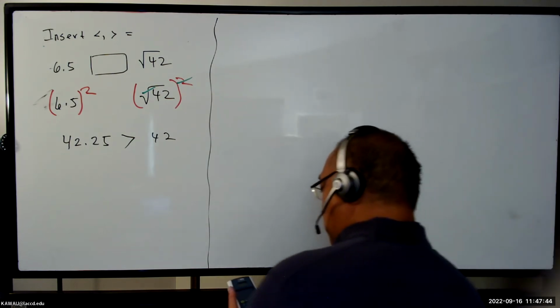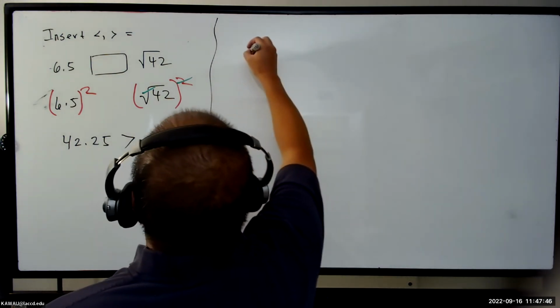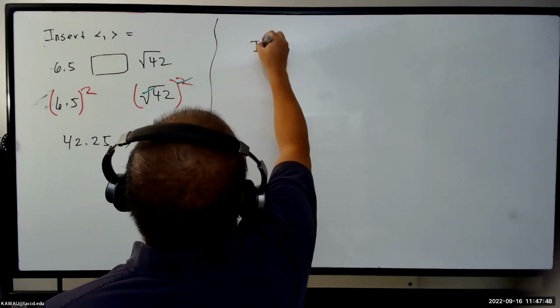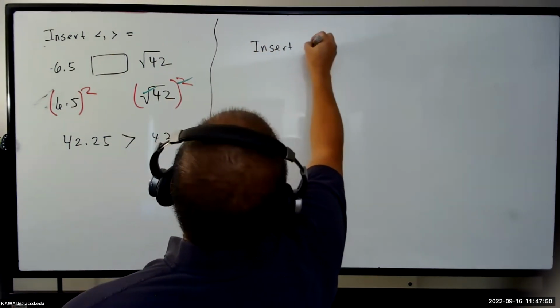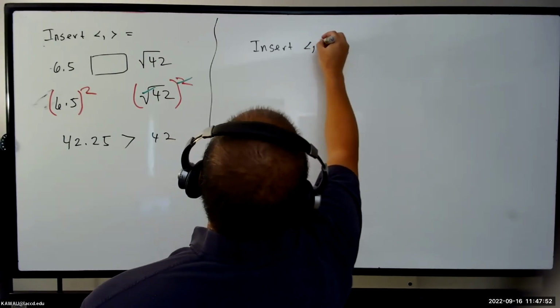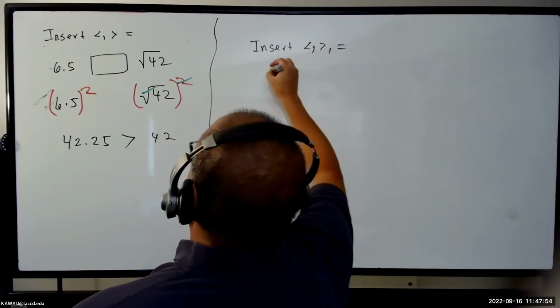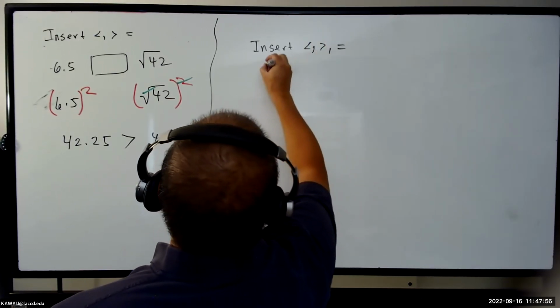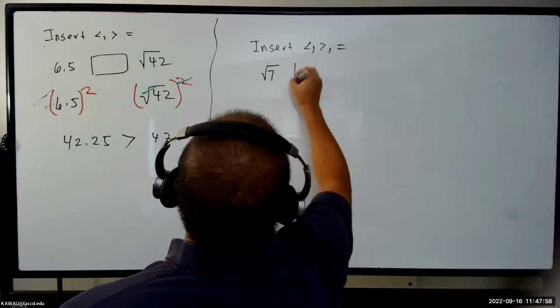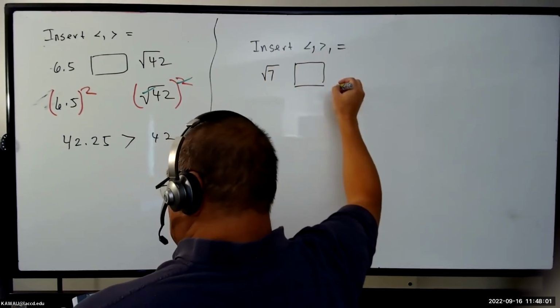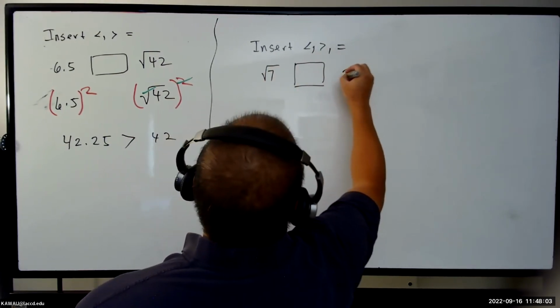Okay, so insert less than, greater than, equal to, square root of 7, and then 2.6.